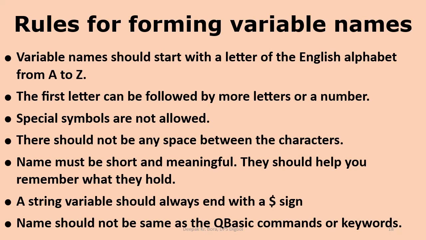There should not be any space between the characters. The name must be short and meaningful. It should help you remember what it holds. String variables should always end with a dollar sign. The last, a variable name should not be the same as a QBasic command or keyword.